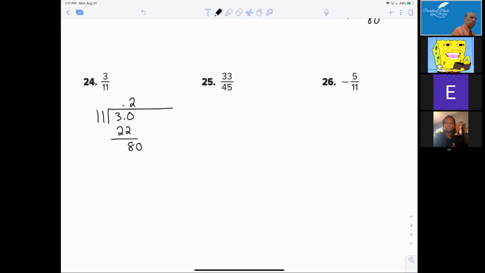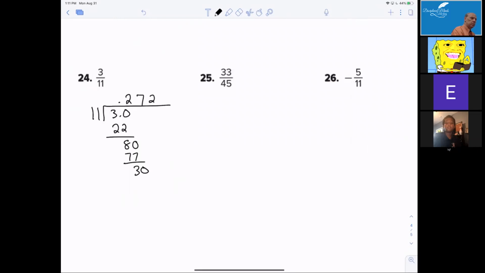How does it go, about 7 times? Yes. So you get 7, and you subtract and you get 3. And then another 0. How does it go into 30? Twice. So it's going to be 0.27.